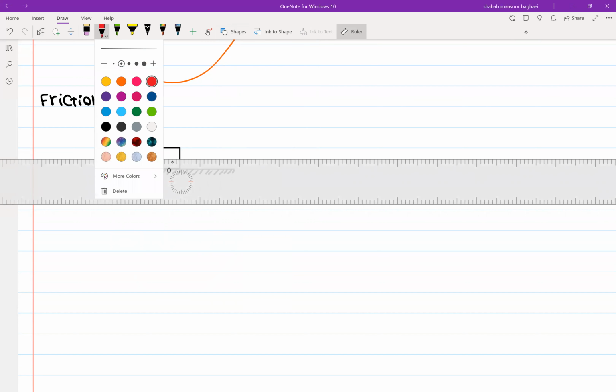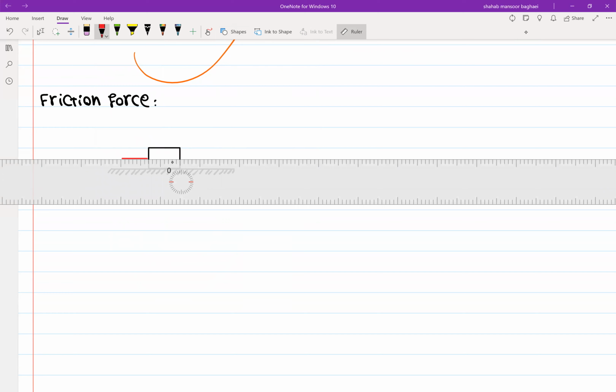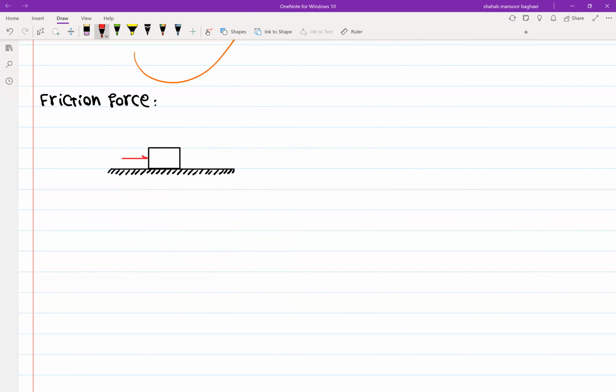That's F0. But here, you don't have a smooth surface. And if you don't have a smooth surface, it means you have friction. The friction is a kind of resistance, which is against the motion.